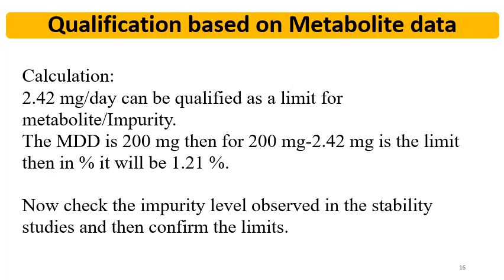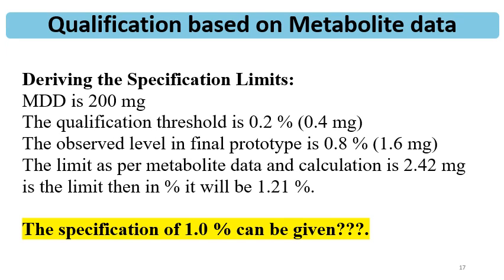Now check the impurity level observed in the stability studies and then confirm the limits. So, deriving the specifications: now you have the MDD. The qualification threshold is 0.2%, which is 0.4 mg. The observed level in the final prototype in the stability study is 0.8%. This is considered as the maximum level of impurity D, and if 0.8% is converted into mg, it gives 1.6 mg.